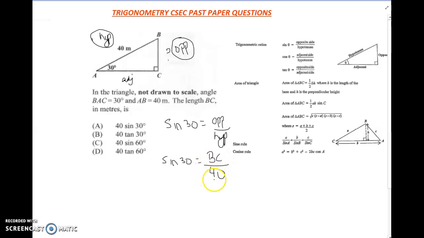So get rid of this division by 40. That will become multiplication by 40 on the other side. Let's remove the multiplication sign. 40 sine 30 degrees is BC. And that is A. So pretty easy, right? Getting the hang of it now.